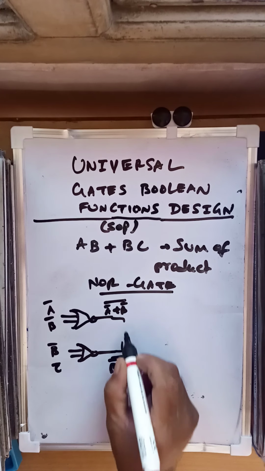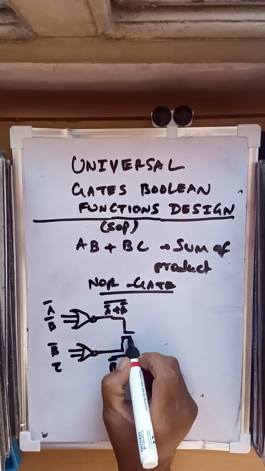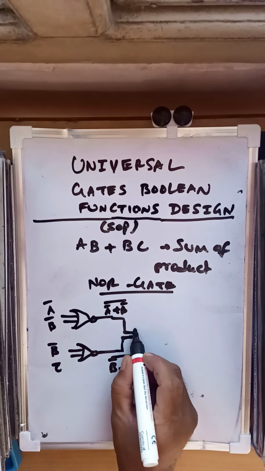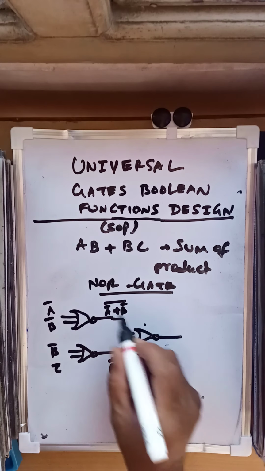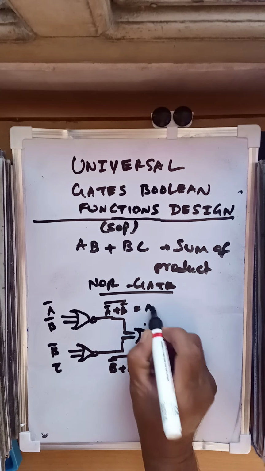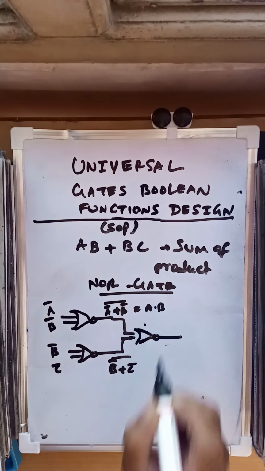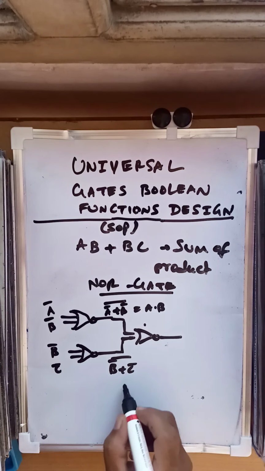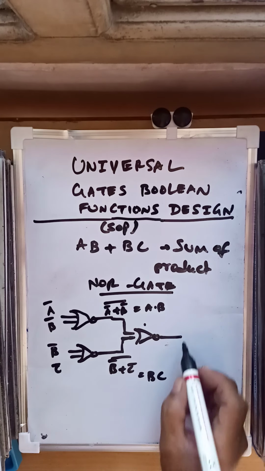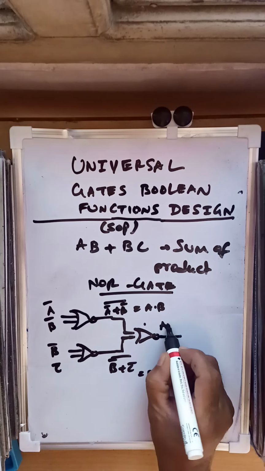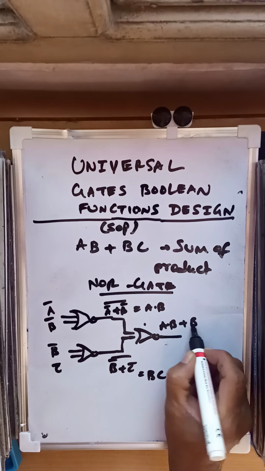Now again this is one. That means this becomes A dot B and this becomes B C. Now this becomes AB plus BC whole bar.